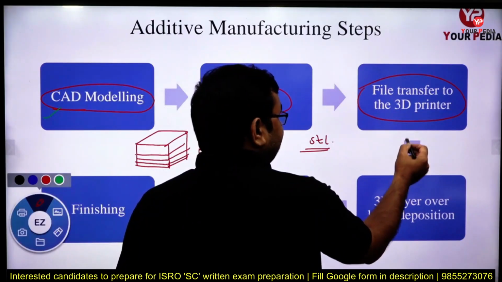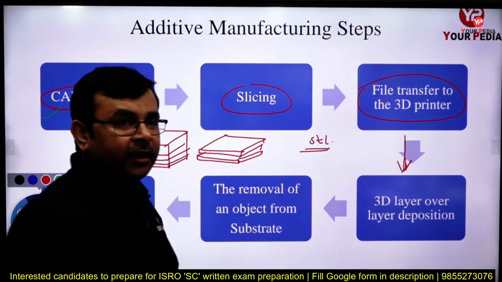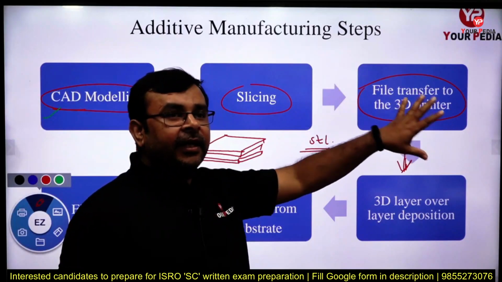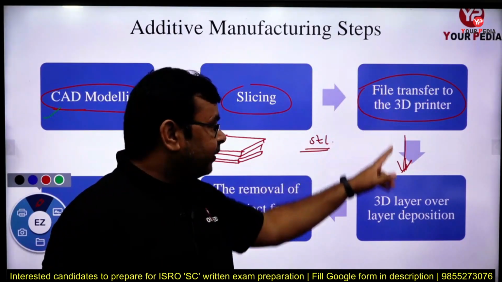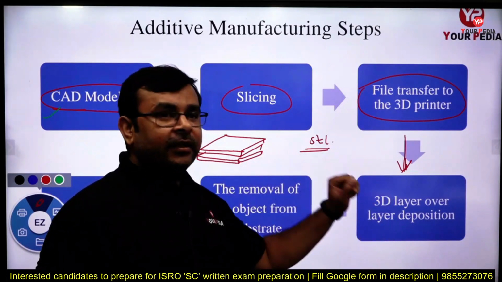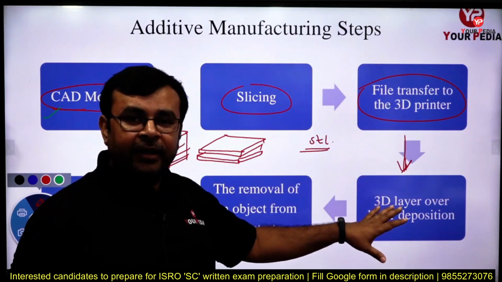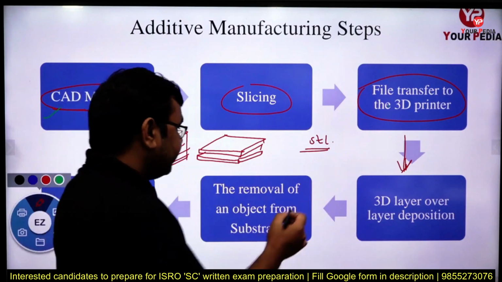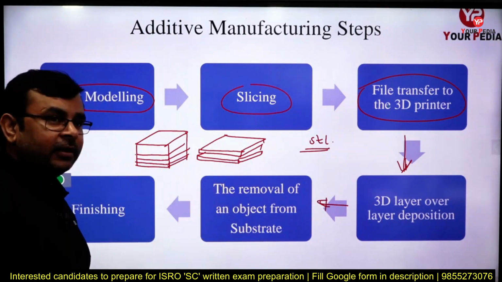After transferring this data, layer over layer deposition takes place, yes or no. When you transfer this data to the machine, your 3D printer works on it, and you deposit the material layer by layer. After depositing, when you get the final object, some finishing operations may also be performed, such as the removal of the object from the substrate.